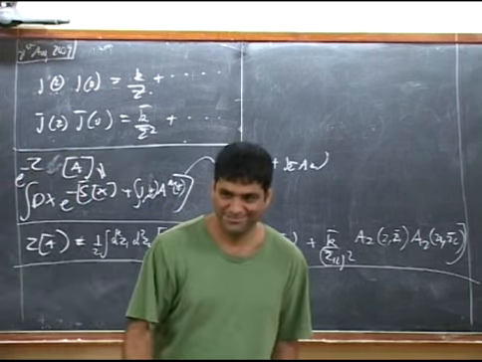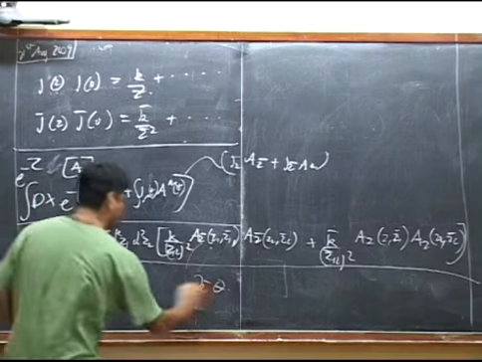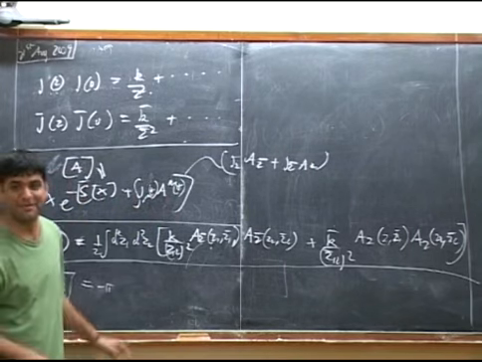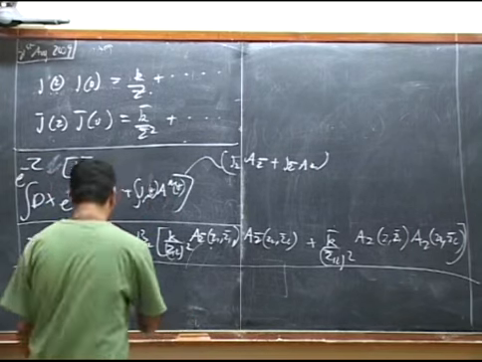So now let me write out the answer and then let's see if we believe it. We get delta z is equal to minus pi. Minus pi is because we get pi times the delta function, something like that.